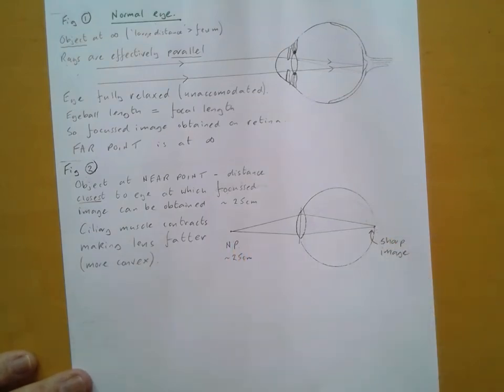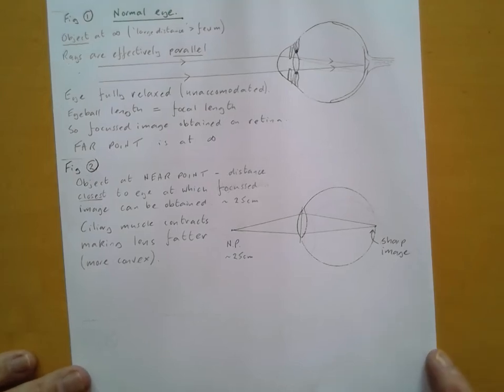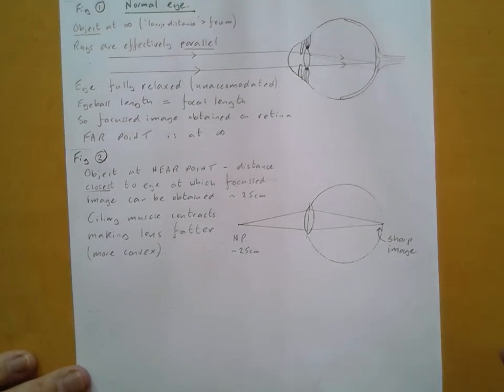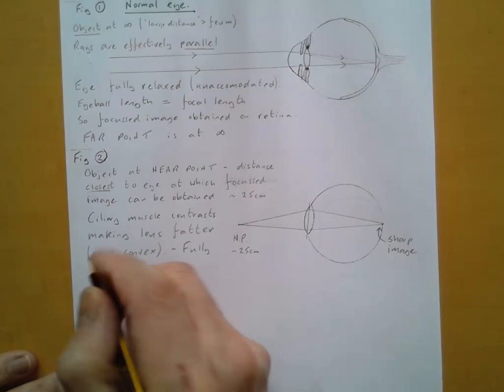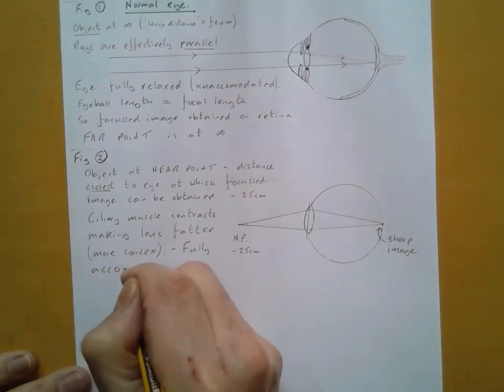Now, at the near point, the ciliary muscles are fully contracted, the lens is fully squashed, as fat as it can get, and therefore you can't do any better than that. If you move within the near point, the eye lens can't accommodate to that. So in this state, the eye is fully accommodated.